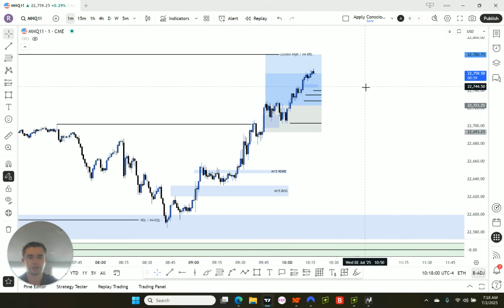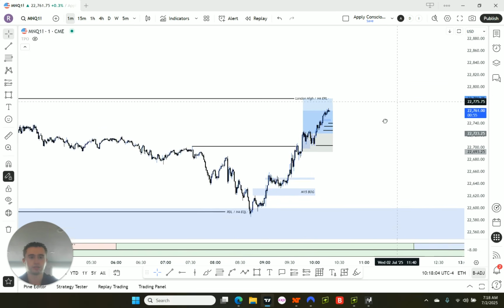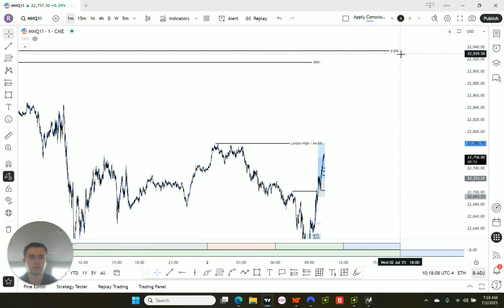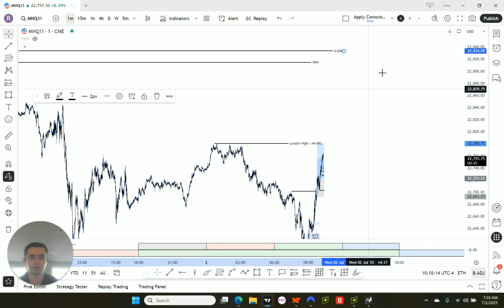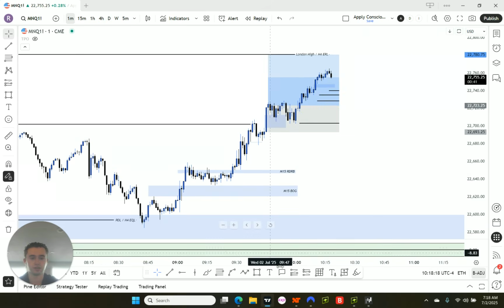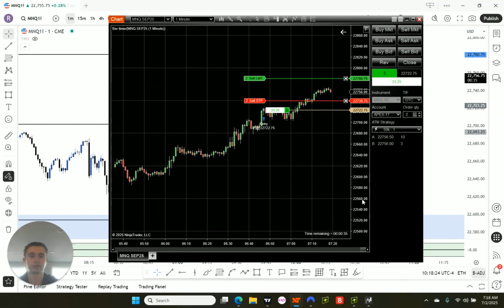Thinking like, if it does hit up there, here's what I'm going to do. I do see a potential for all the way up here. Probably not in today, but I'll put my take profit a little bit higher and trail if we get there.